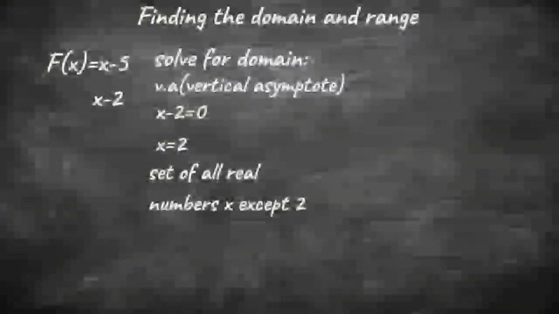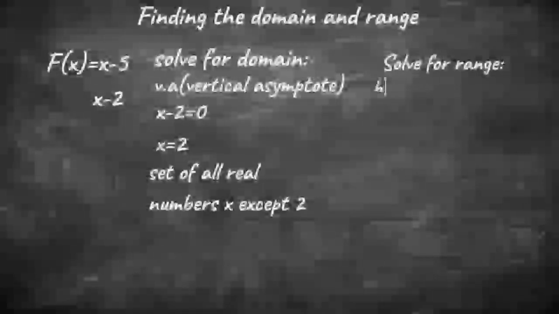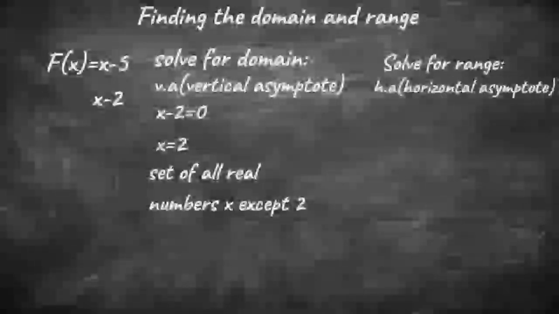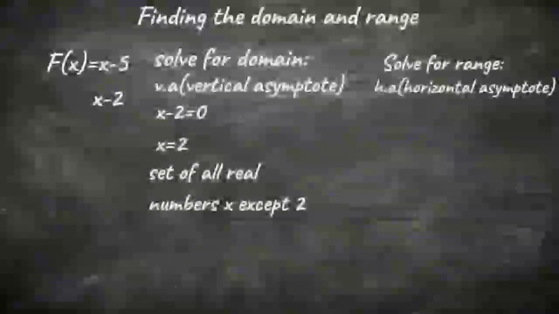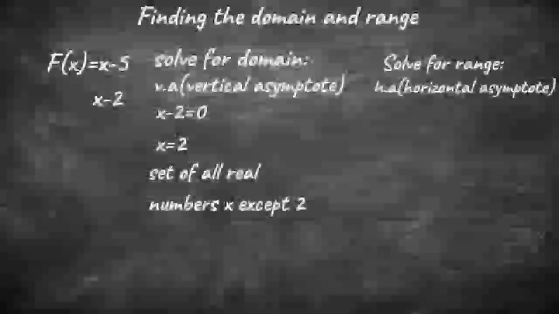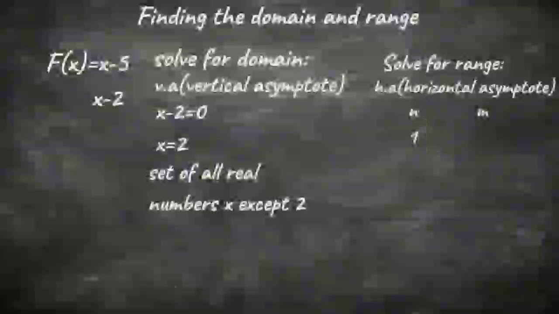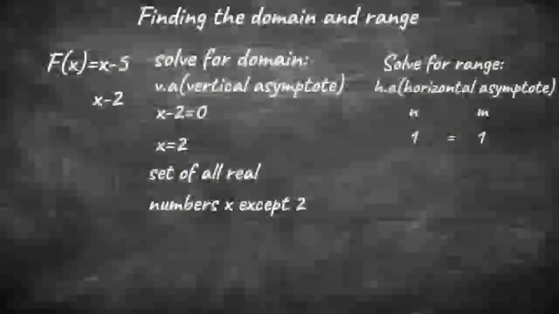Next we are going to solve for range. To solve for range, solve for the horizontal asymptote. First, get the degree of x in the denominator and the numerator. Then identify whether it is equal, greater than, or less than. The degree of the numerator is 1 and the degree of the denominator is also 1.